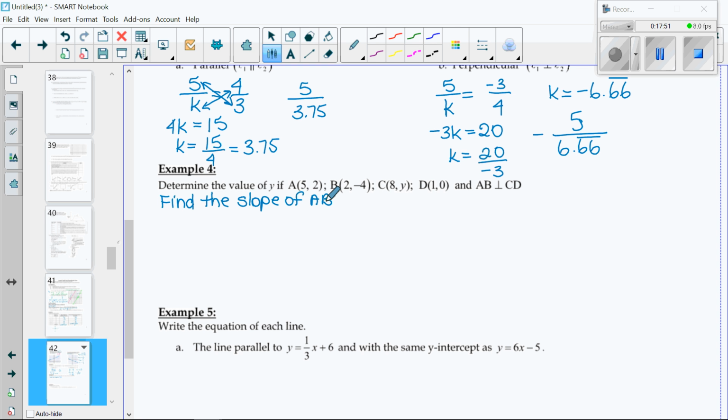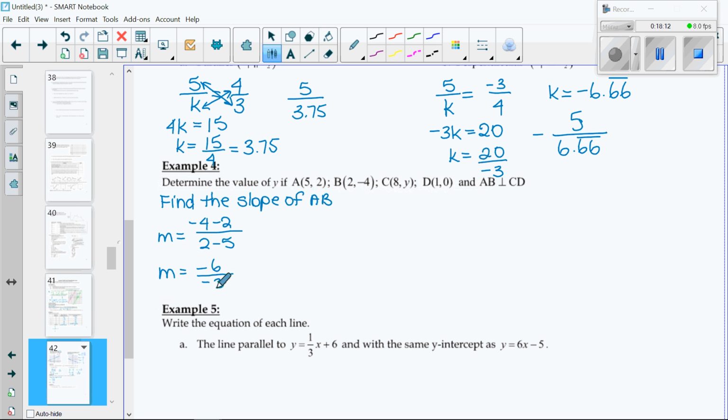Find the slope of AB. That's the first thing that we need to do. So I'm going to do that. So m equals negative 4 take away 2 over 2 take away 5. It's going to give me negative 6 over negative 3, which gives me a slope of positive 2.